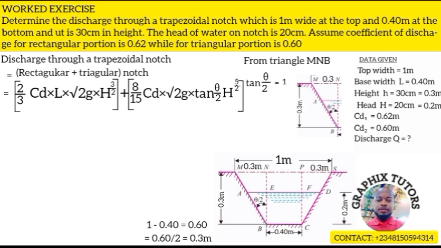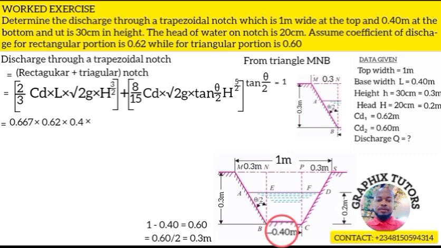This will now give 2 over 3 as 0.667 multiplied by the CD for rectangular notch, which is 0.62, multiplied by the length, which is the base width, and that is 0.4. Are we together? Because we're talking about rectangular here, so we're talking about the length, the base width.